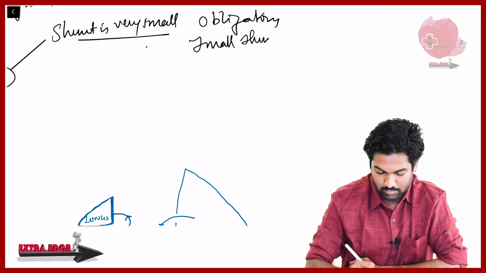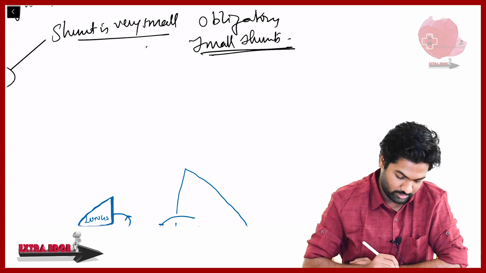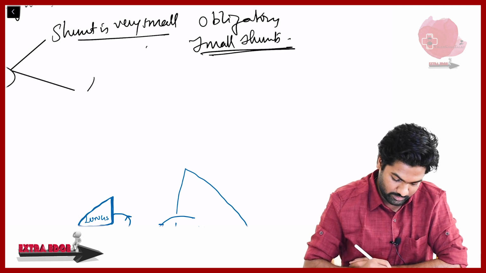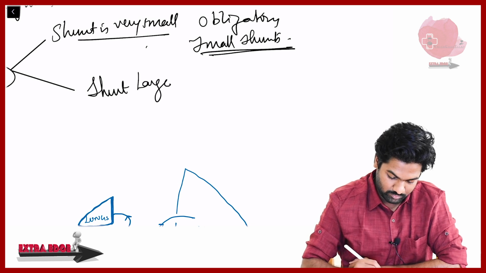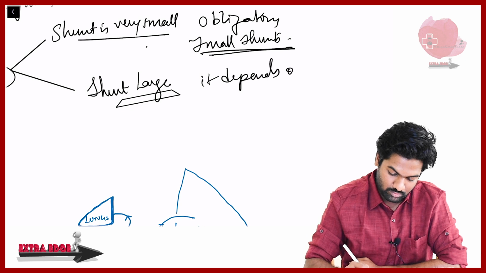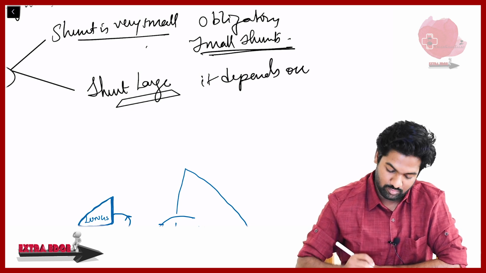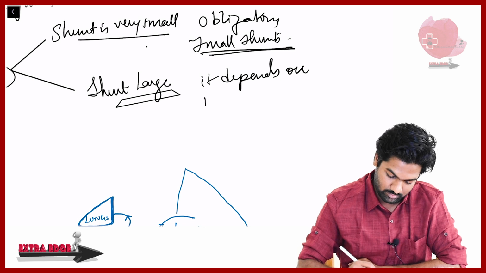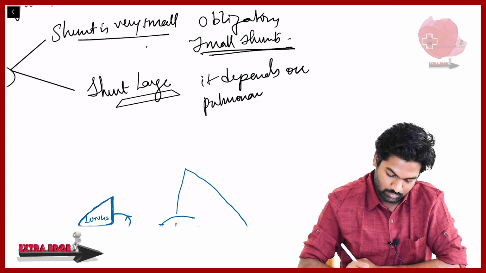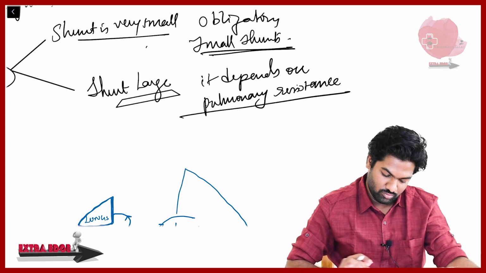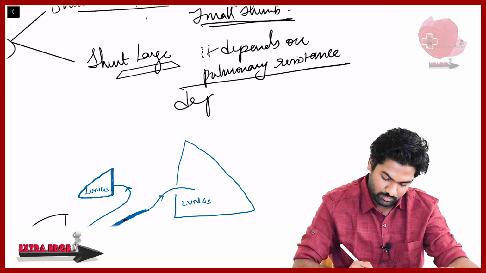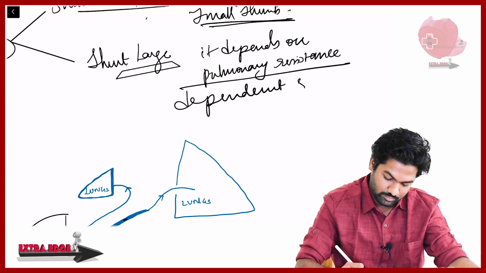Small shunts will behave as obligatory. And dependent, when the defect is large, it depends on the pulmonary resistance. Now you have got to know what a dependent shunt is and what an obligatory shunt is.